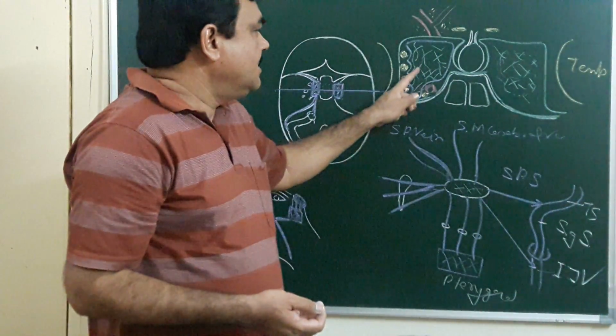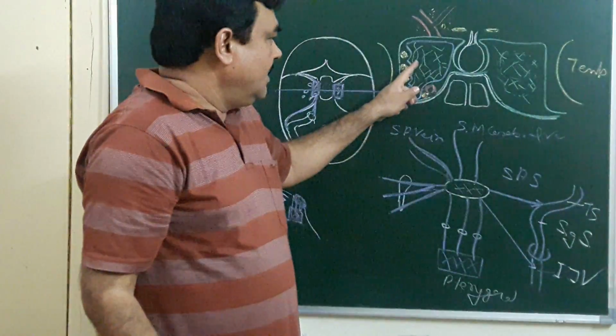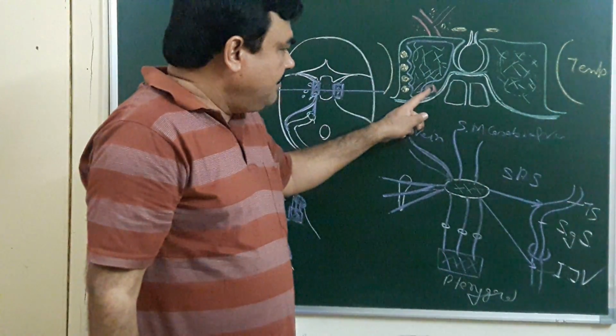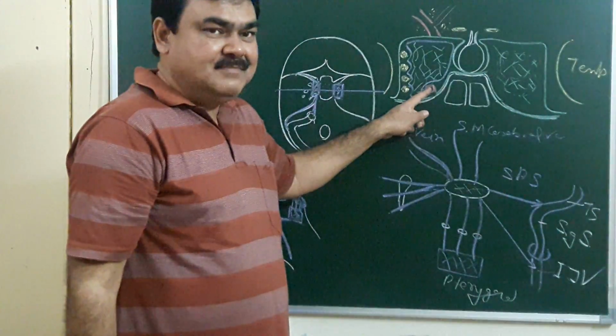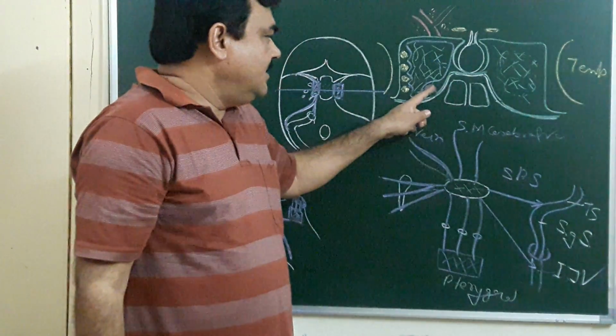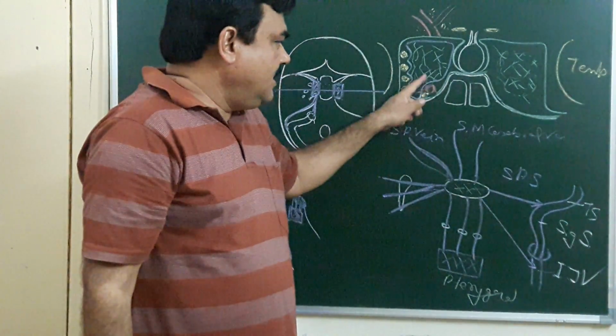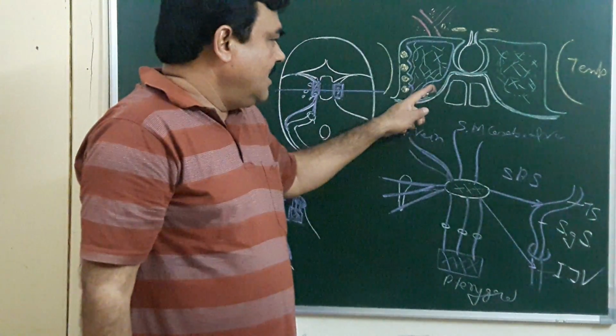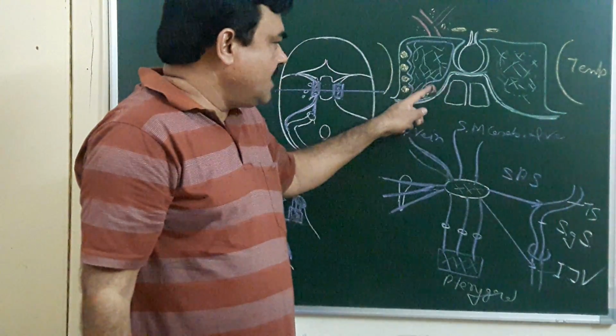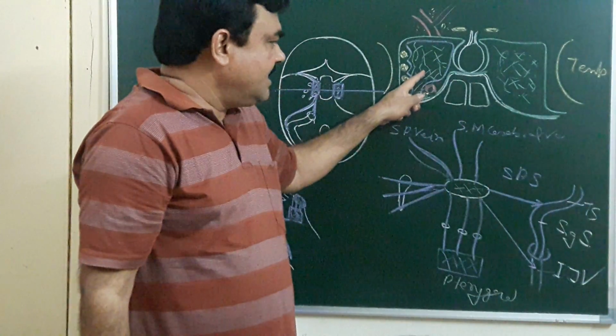Another thing: in case of fracture of the skull, a communication is established between the artery and the venous sinus.